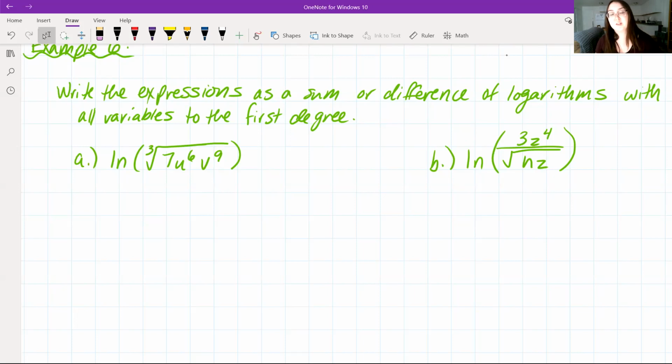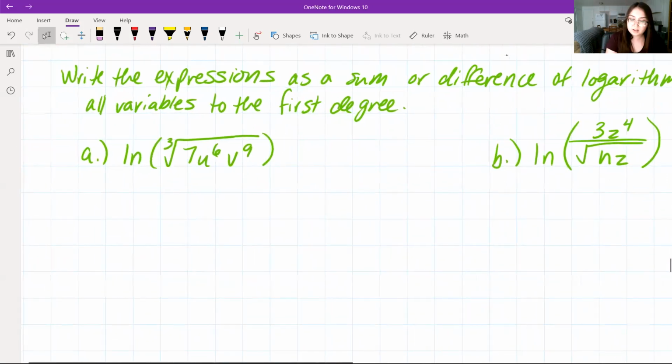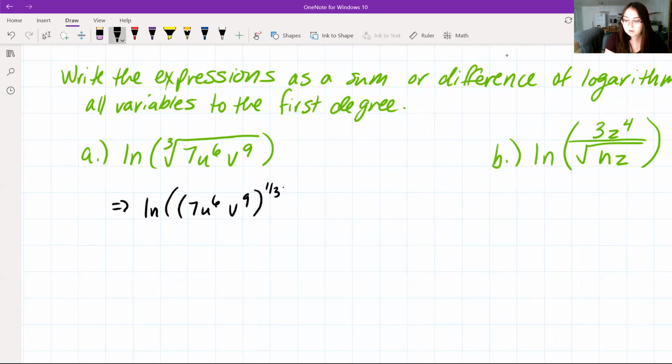First things first, we really want to rewrite that third root as an exponent of 1/3. So this can become the natural log of 7 times u to the 6th power times v to the 9th power, and this is to the power of 1/3.